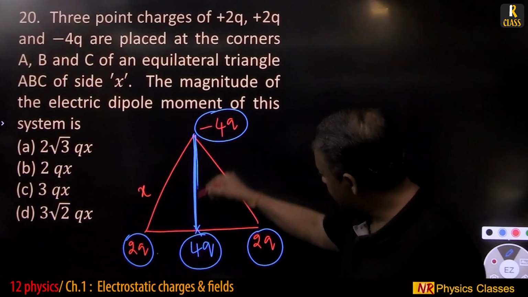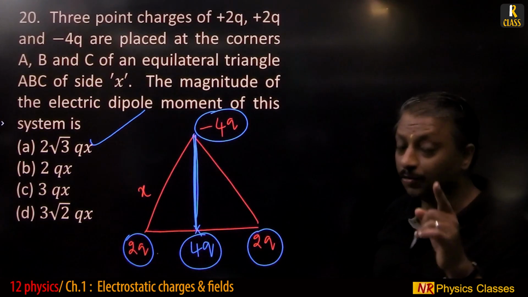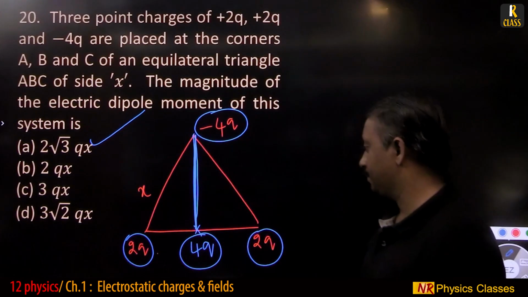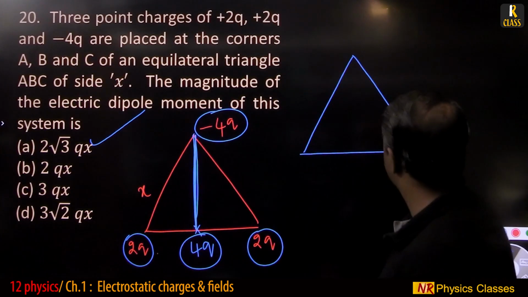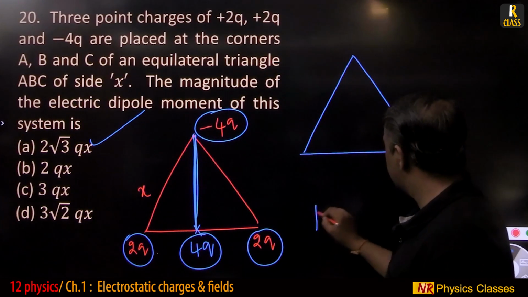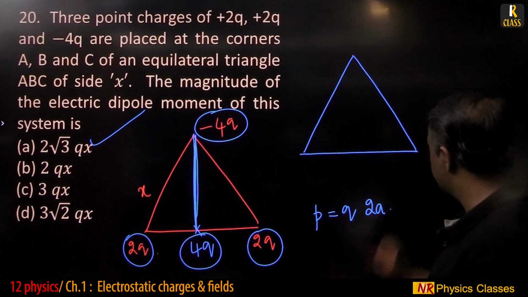Look at the options. Root 3 is involved. You will understand why. See, triangle. Dipole moment is charge into distance between the charges.